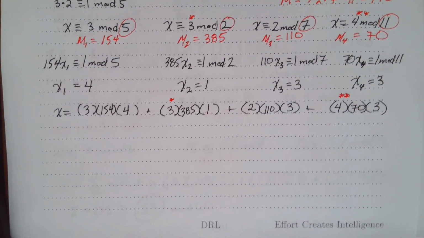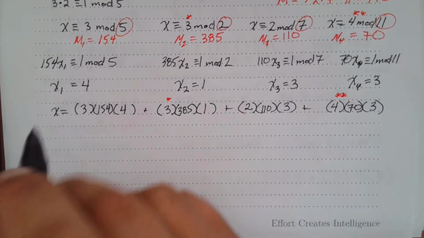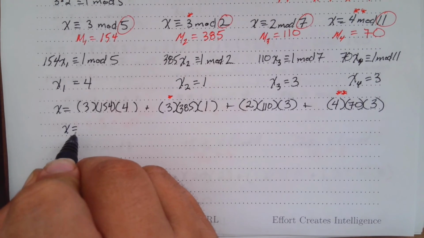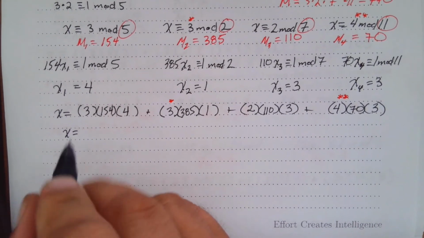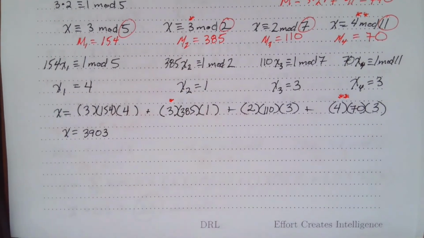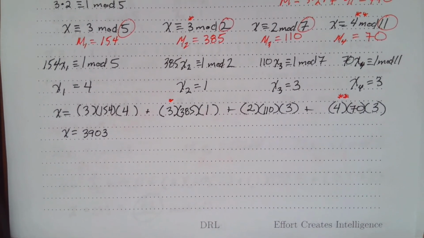Okay, so if that's the case, right, we have x is equal to 3903.